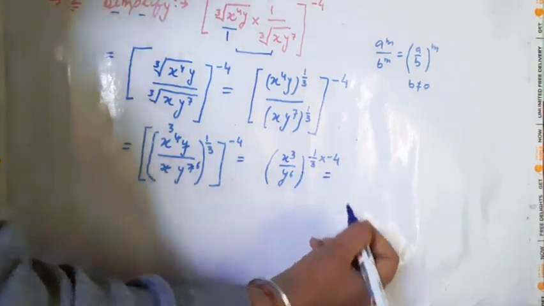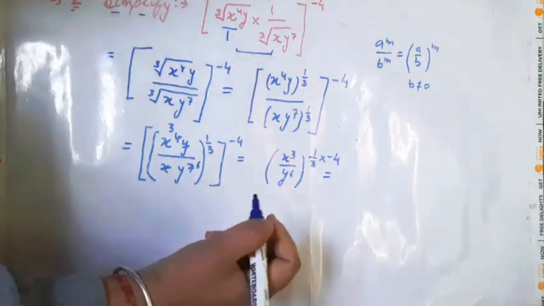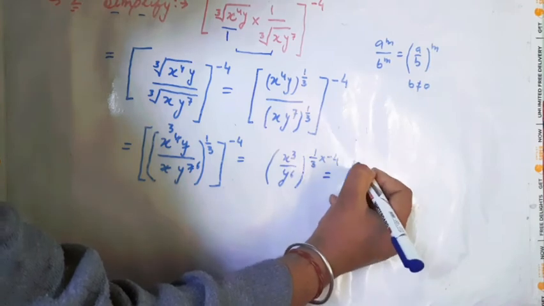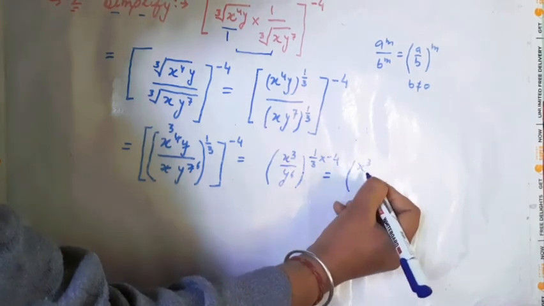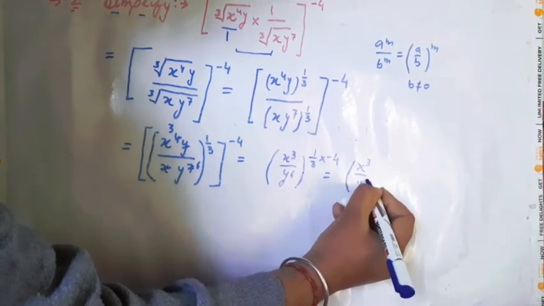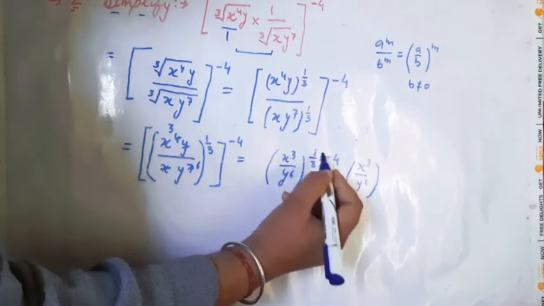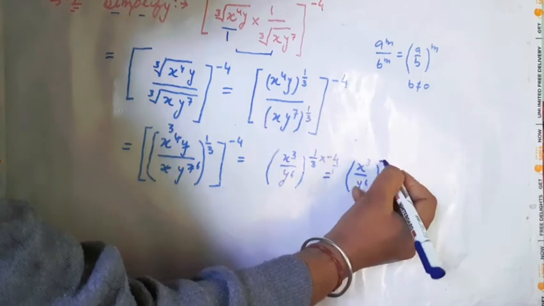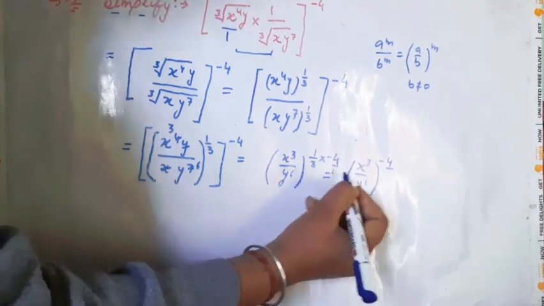This will be equals to, now inside the bracket we cannot simplify, so write them as it is, y raised to power 6, then here we can multiply minus 4 into 1, minus 4 upon 3, 1 threes are 3.